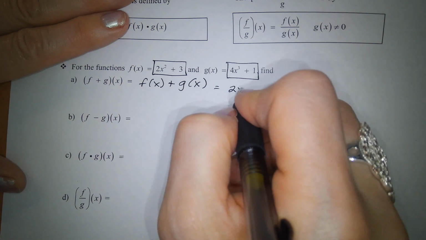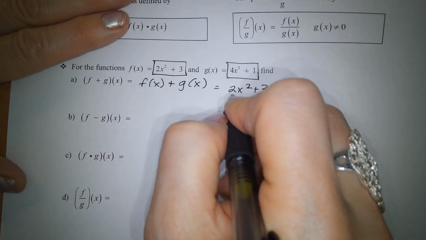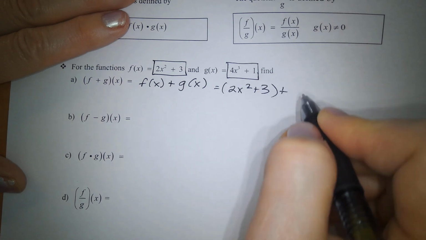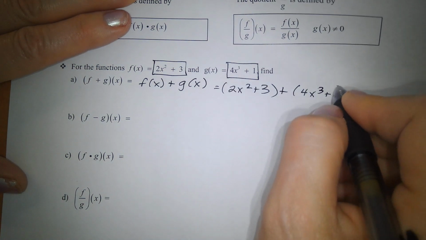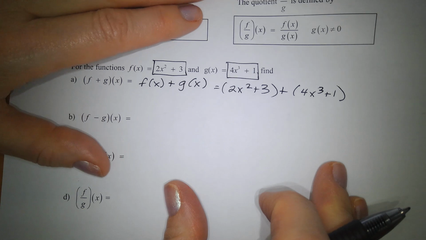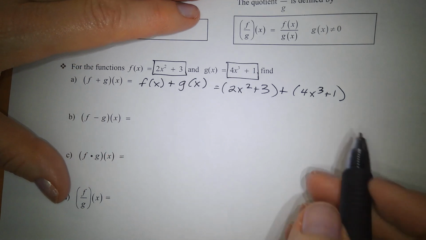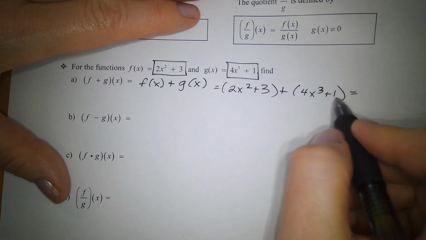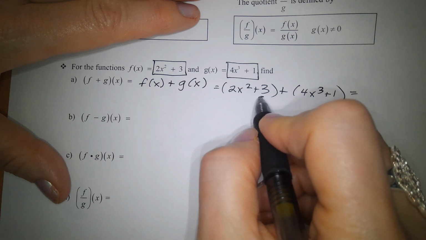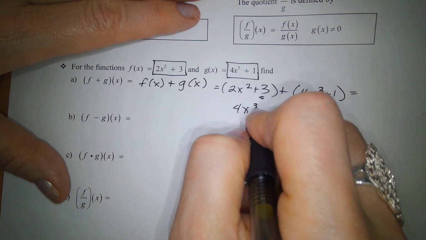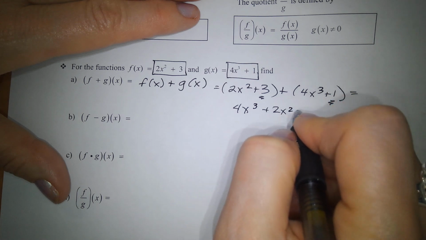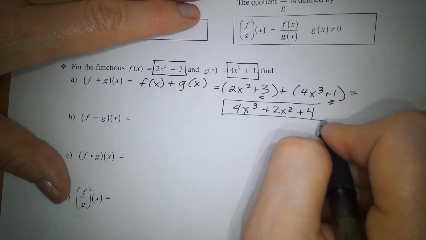So I'm going to add 2x squared plus 3, and we're going to add to that 4x to the third plus 1. So let's combine any terms that might be alike, just the 3 and the 1. So that's going to give me 4x to the third plus 2x squared plus 4.